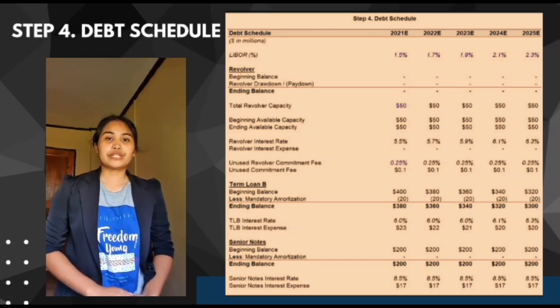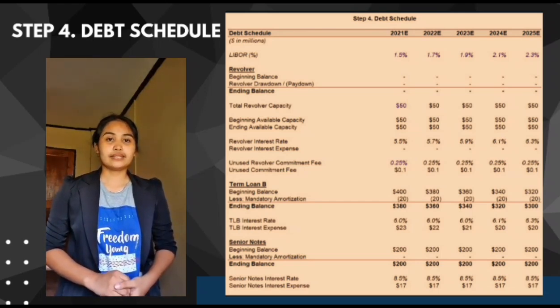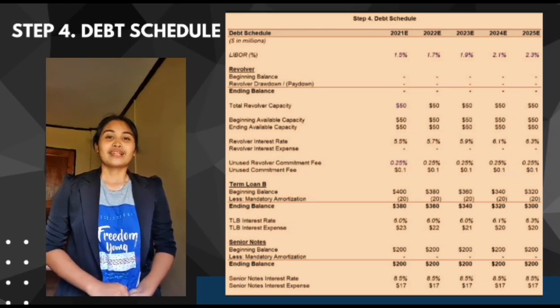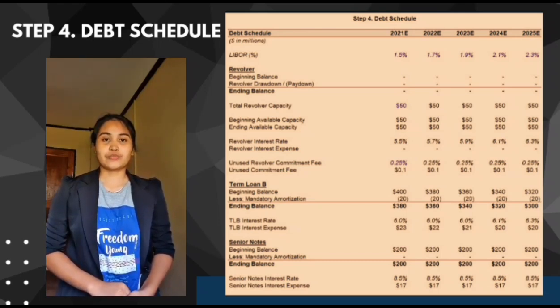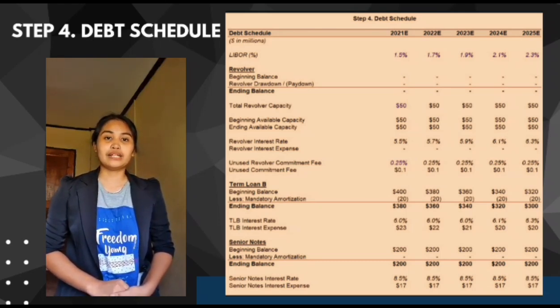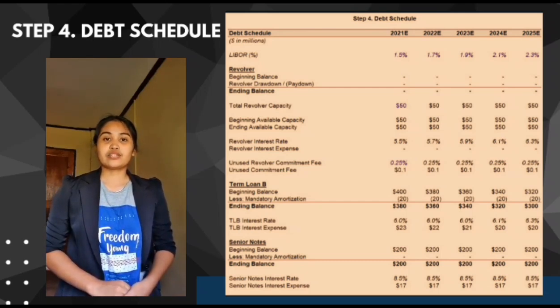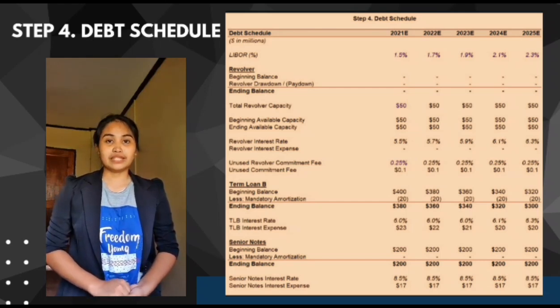It means that there is an agreement between the company and the lender that 8.5% would be the interest rate. Next is the senior notes interest expense. This is the annual interest expense for the senior notes, calculated by multiplying the beginning balance by the fixed interest rate. So the beginning balance of 200 million times 8.5% equals 17 million.